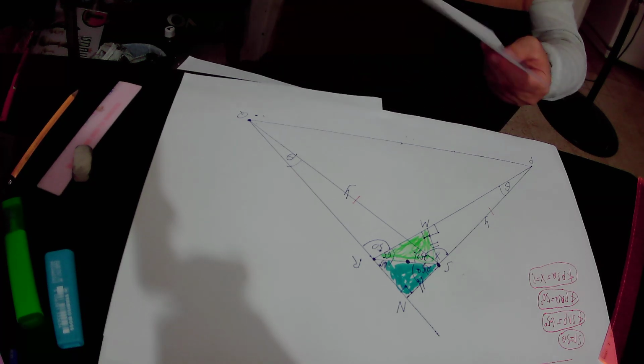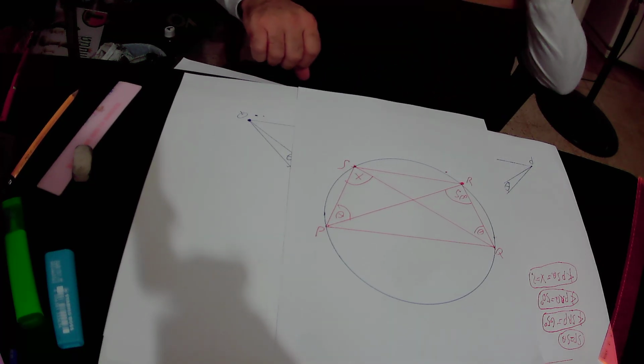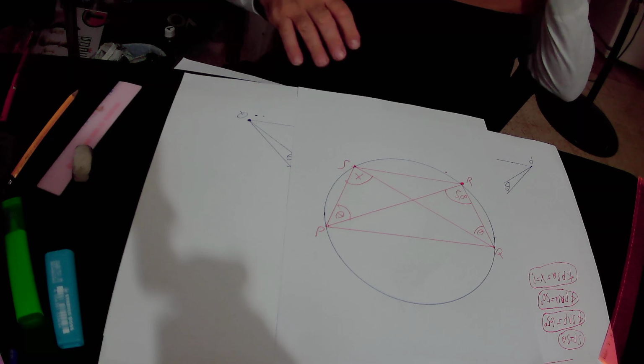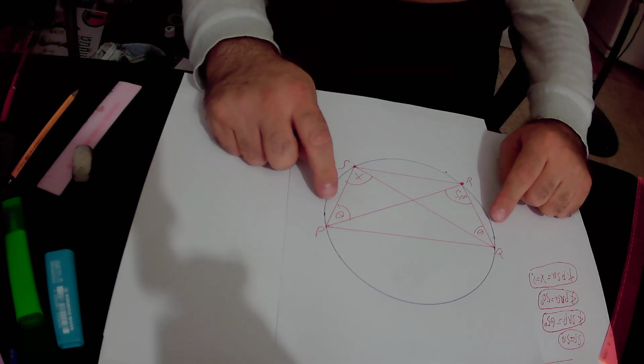Okay, so this is actually the implementation of rule number 2 in our drawing, because we have here two equal angles.